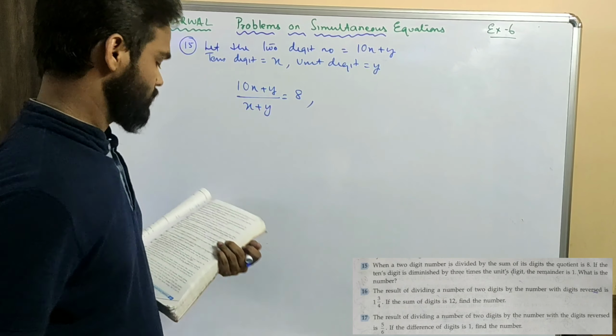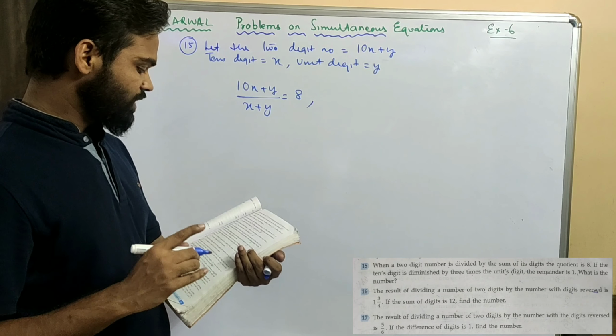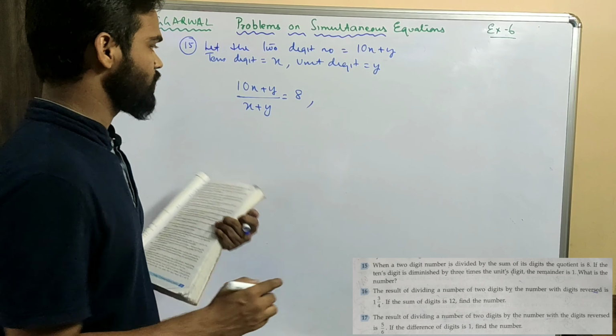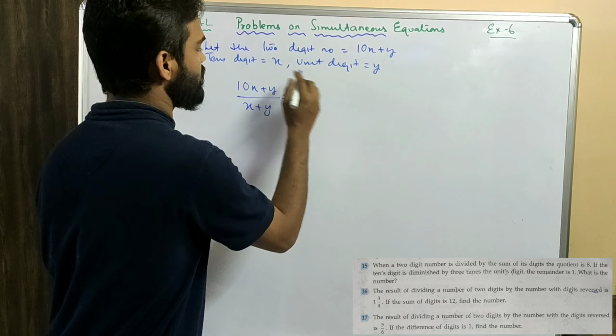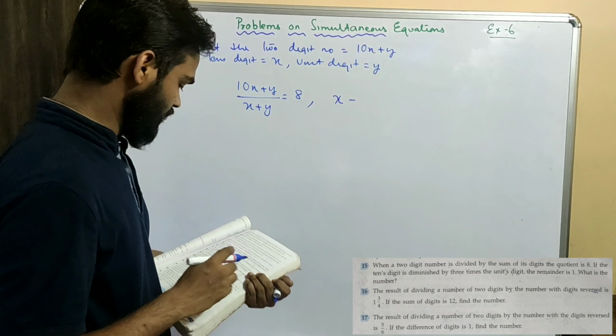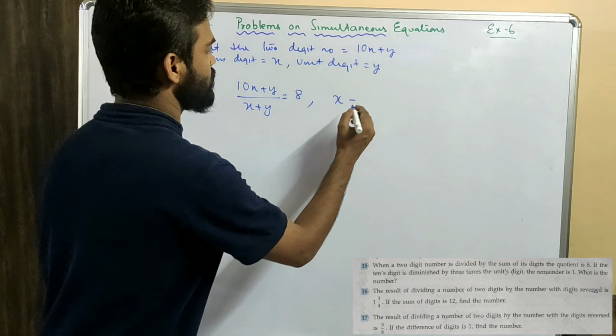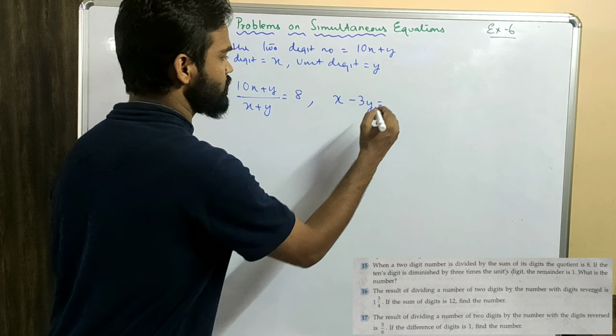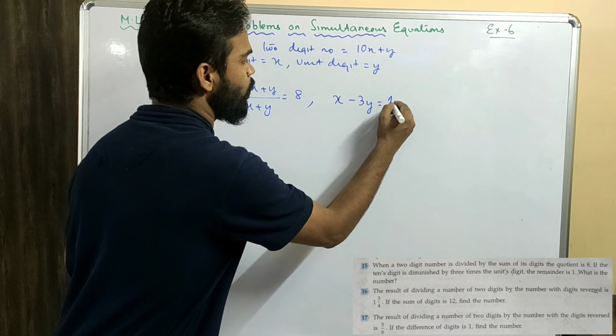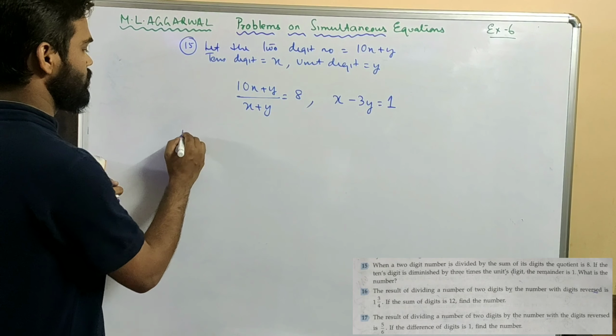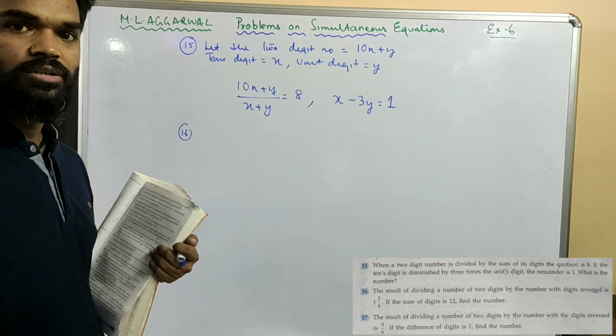Done. And second equation, if the tens digit is diminished by 3 times the unit digit, the remainder is 1. Done. These are your two equations.